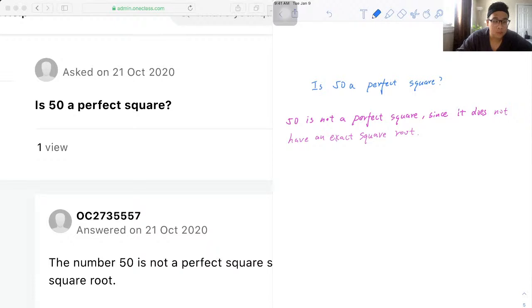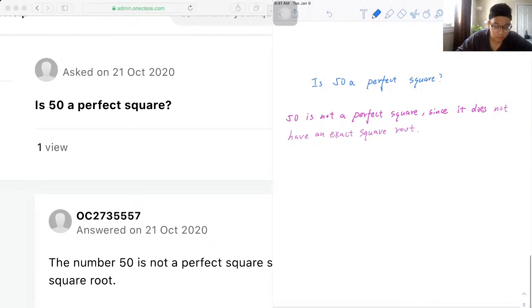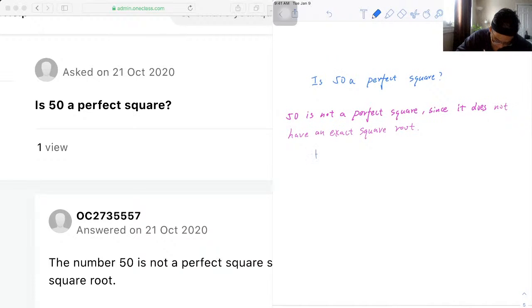The junior tutor also lists some examples of perfect squares, so let's go over them together. So here are some examples of perfect squares.